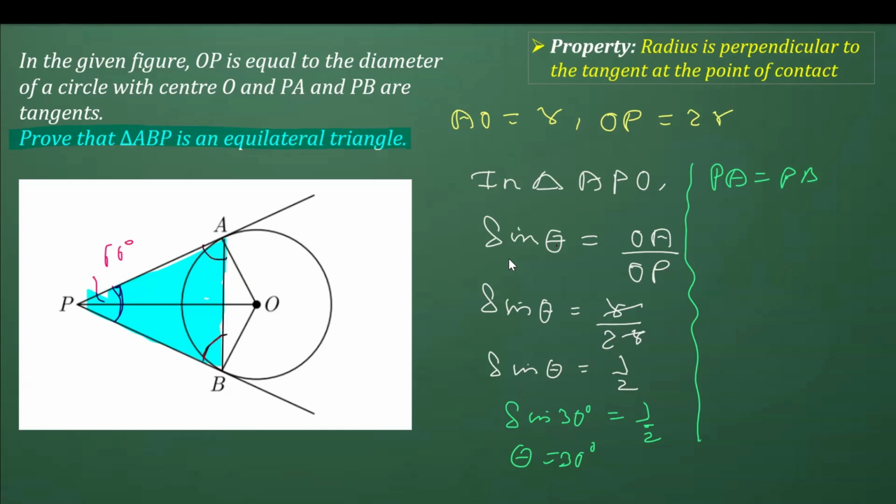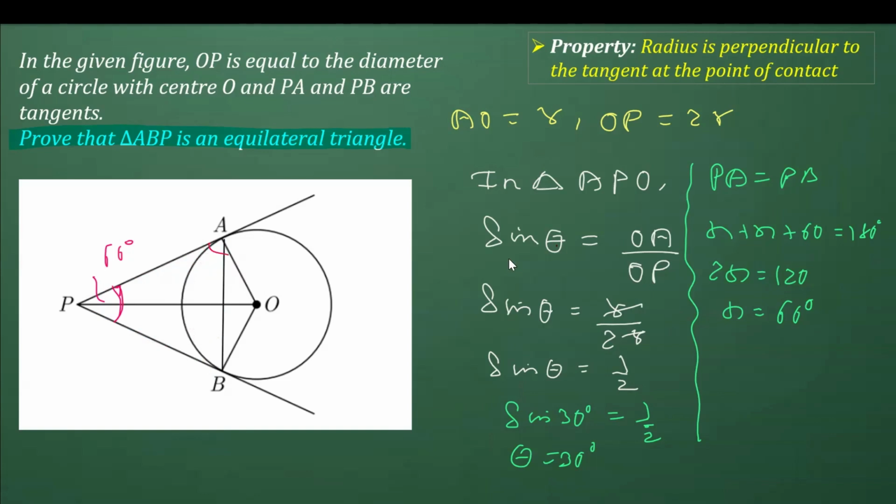So let's say I write this angle as x and this also as x. So what we can say over here is that x plus x plus 60 is equal to 180. So that implies 2x is equal to 180 minus 60, which is 120, and this x is also 60 degrees. So now see here that we have proved this x also as 60 degrees. These angles also we proved 60 degrees.